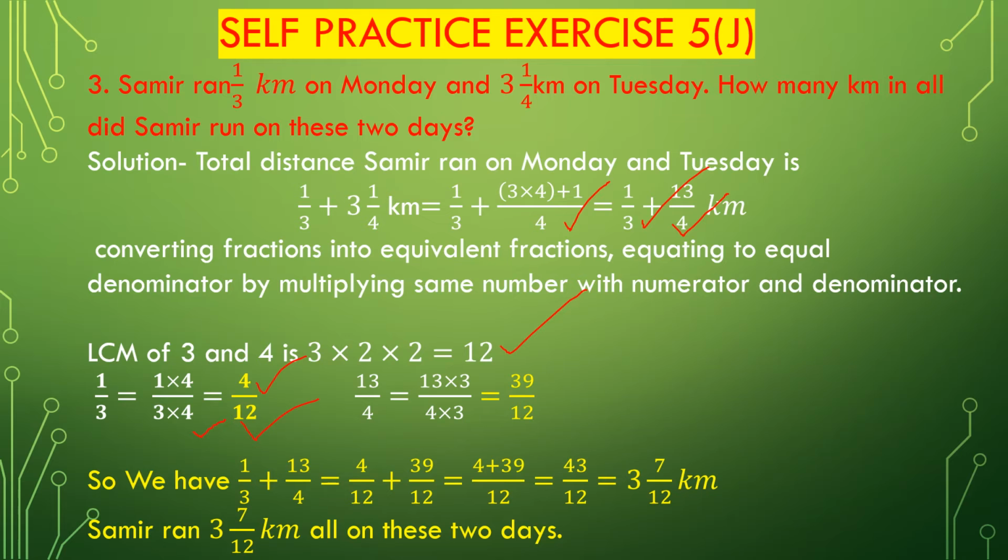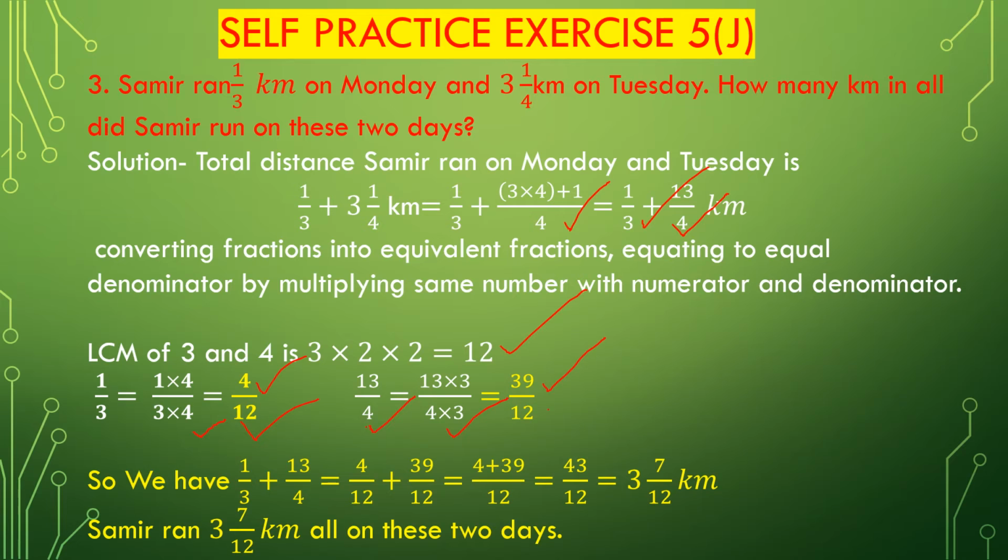Now we convert 13 divided by 4 into an equivalent fraction, equating the denominator to the LCM 12. We know 4 multiplied with 3 is 12. So we multiply 3 with the numerator also. 13 multiplied with 3 is 39, and 4 multiplied with 3 is 12.